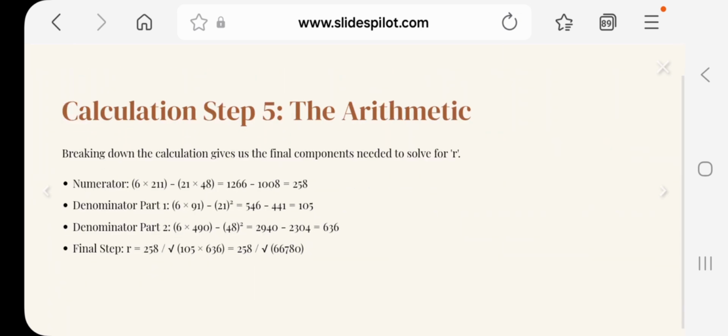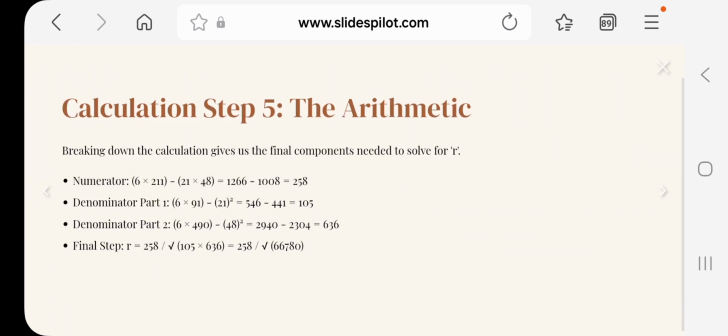Now, 6 times 91, that is 546. 21 squared is 441. Now 6 times 490 is 2940. And then 48 squared, that's 2304.